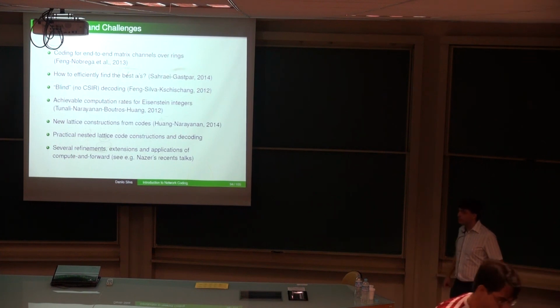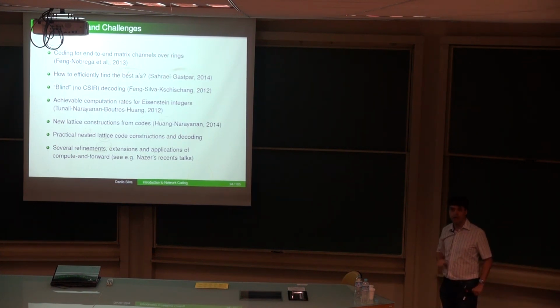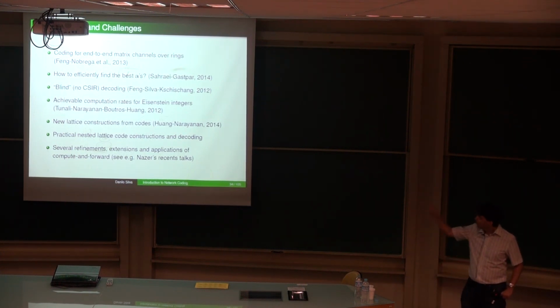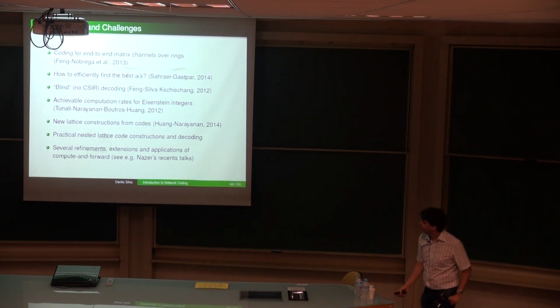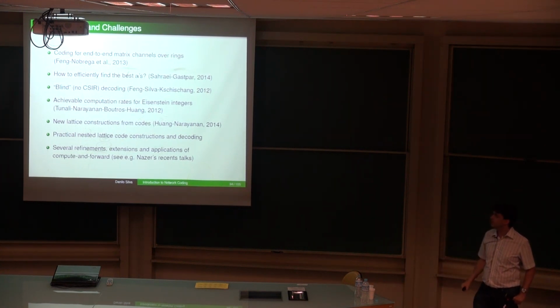What can you say about the computation rates when you use Eisenstein integers? These authors could find some previous work where they could also give computation rates for the case of Eisenstein integers. And in some cases, it turns out to be better than using Gaussian integers.